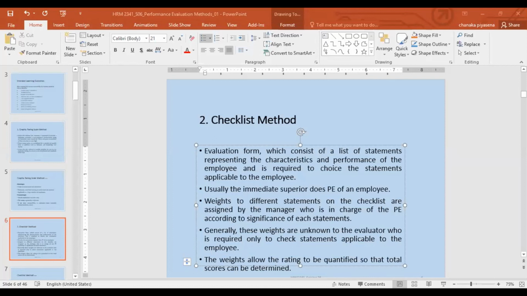Likewise, this is the way of evaluating when we are using the weighted checklist method to evaluate our employees' performance. I think you can get some idea about the checklist method.